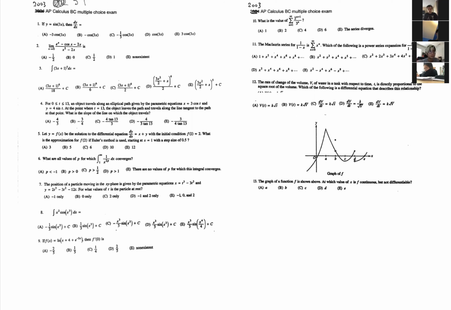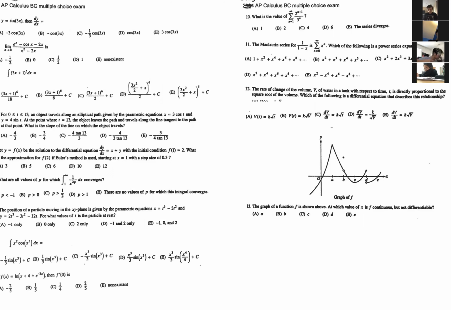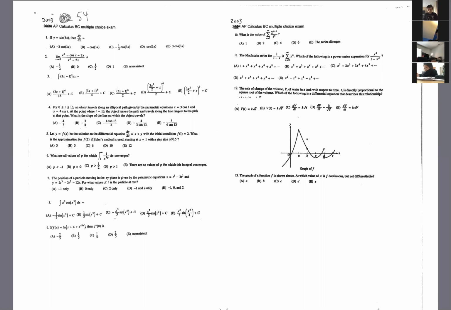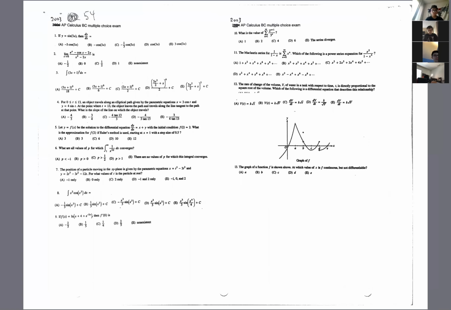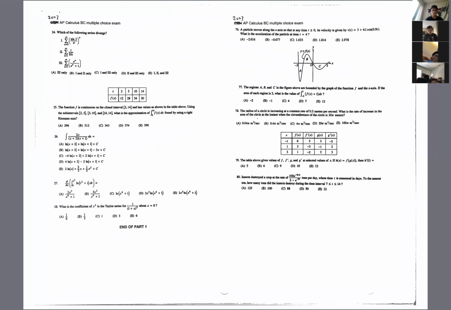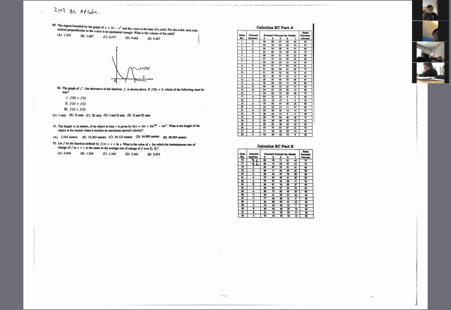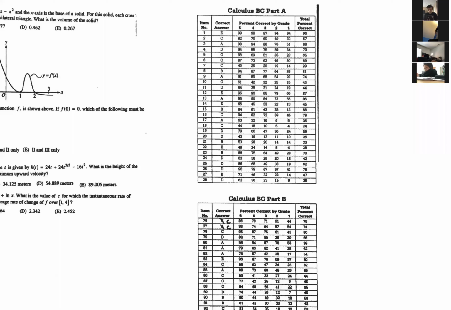Just a general question. Where do we find the answers to questions? If you go to the end, I'll go there now. So if you go to the very last page, you can see all the answers.